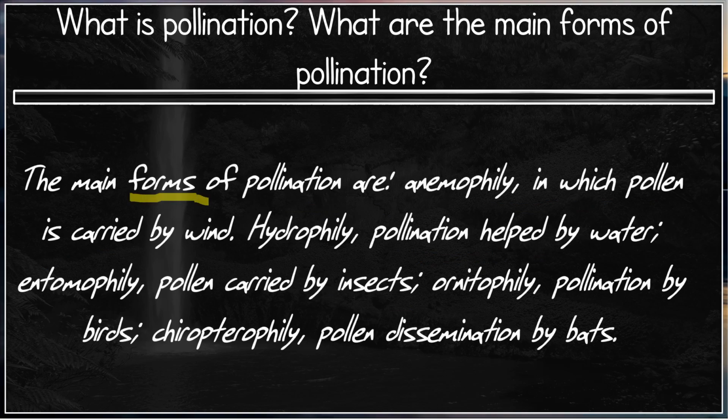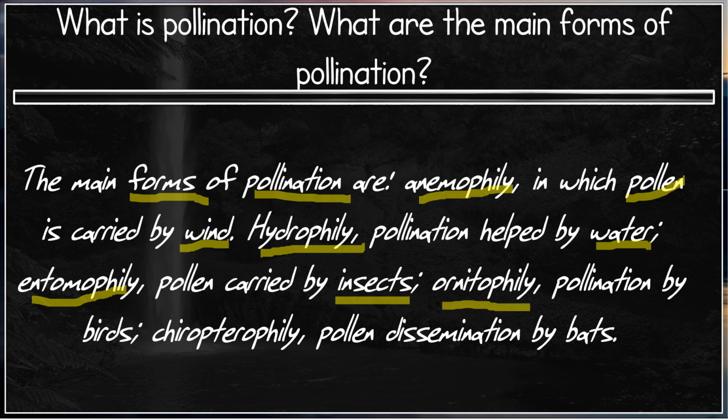The main forms of pollination are anemophile, in which the pollen is carried by wind; hydrophile, pollination helped by water; entomophile, pollen carried by insects; ornithophile, pollination by birds; chiropterophile, pollen dissemination by bats.